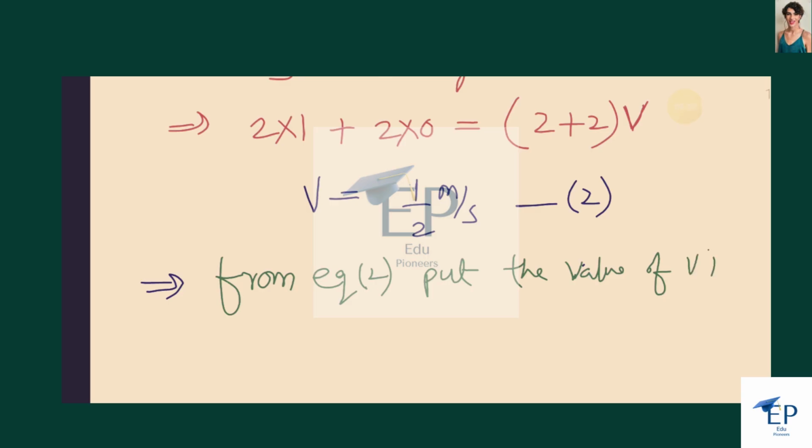So 1 minus 2 V square becomes 1 minus 2 multiplied by half square, equal to 50 x square.